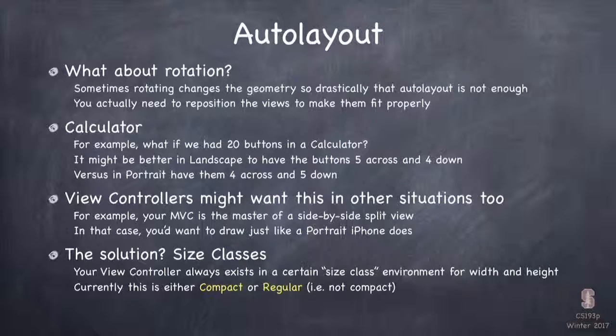So they've boiled it down to this very simple system where they talk about size classes, and a view or a view controller at any given time exists with a certain size class, both in the horizontal direction and the vertical direction. The only two values that the size class can have are compact or regular. Regular is regular sized, and compact means that you're constrained in that direction.